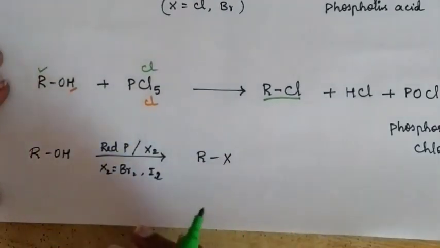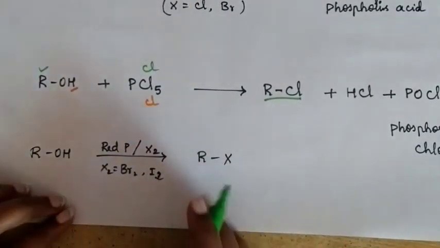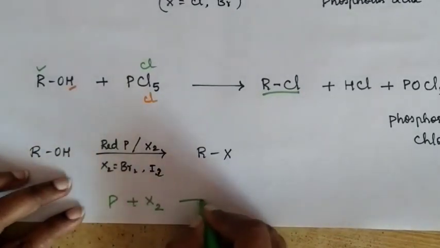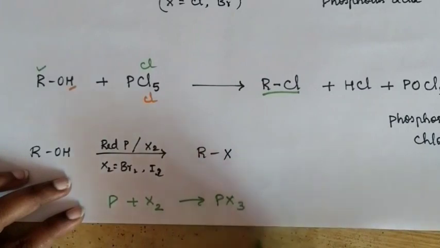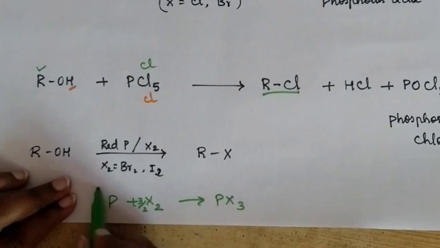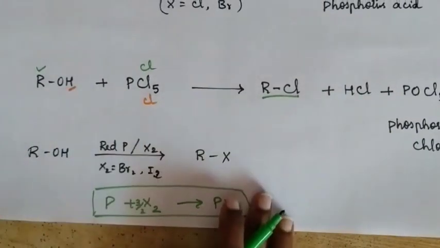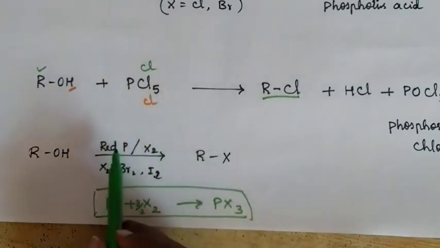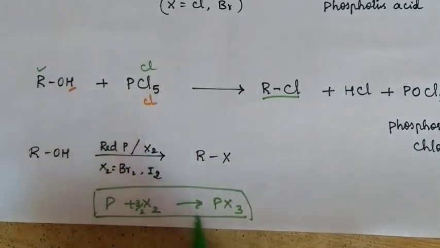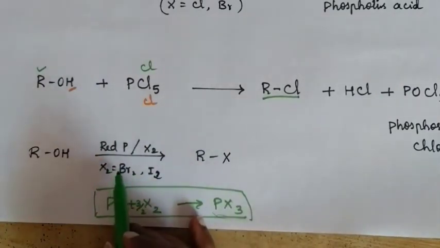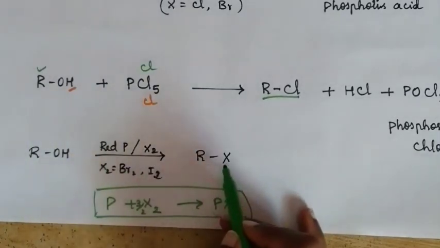It is very simple. It is going to form phosphorus trihalide. When phosphorus reacts with X2, it is going to form PX3. For that you need to use 3/2 X2. This is just for your reference. You just need to remember this process for the preparation of alkyl halide. When you mix red phosphorus and halogen, it is going to form phosphorus trihalide only. This method is suitable for the preparation of alkyl iodide. This X can be iodine or bromine.